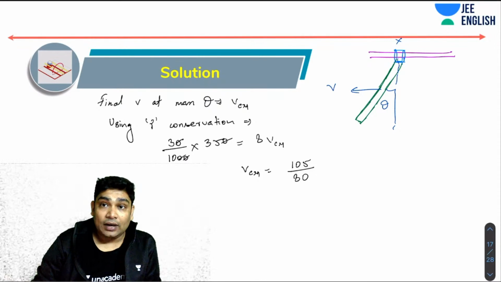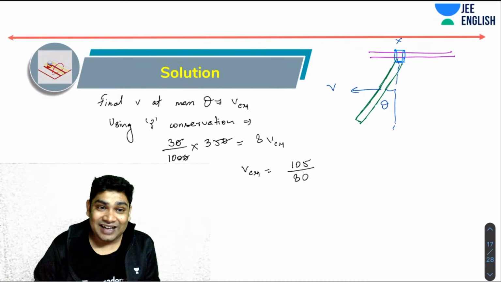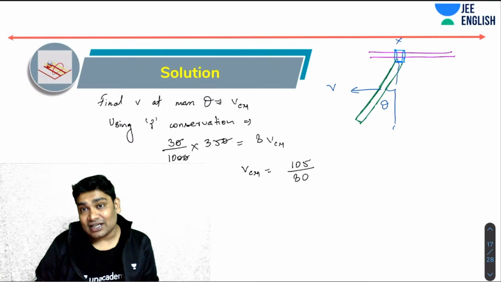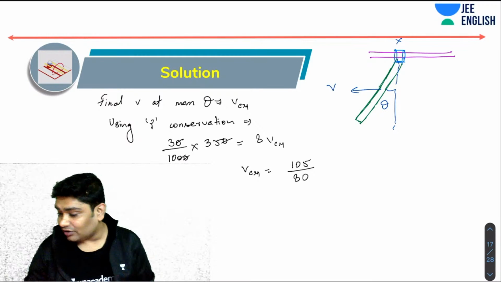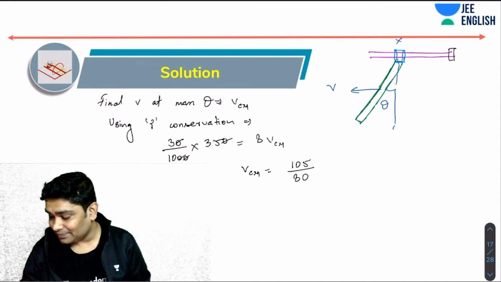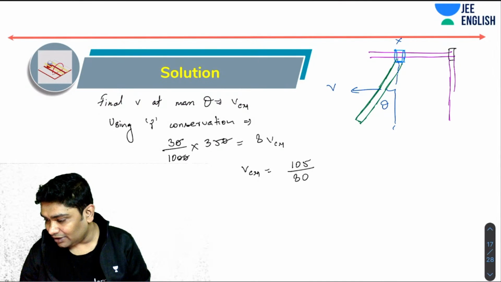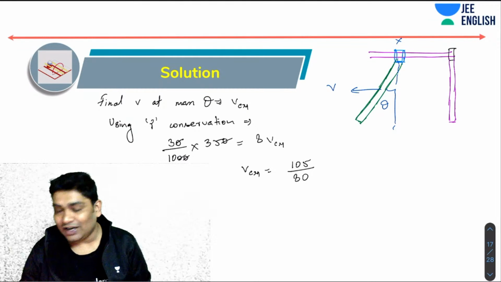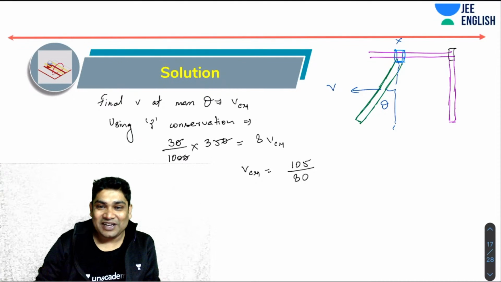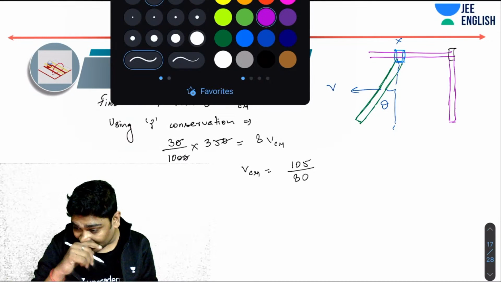Now this is the final velocity that you have here. Just after the collision, I cannot apply energy conservation right away. Please note. Why not? This is an inelastic collision. In an inelastic collision, energy conservation cannot be applied.